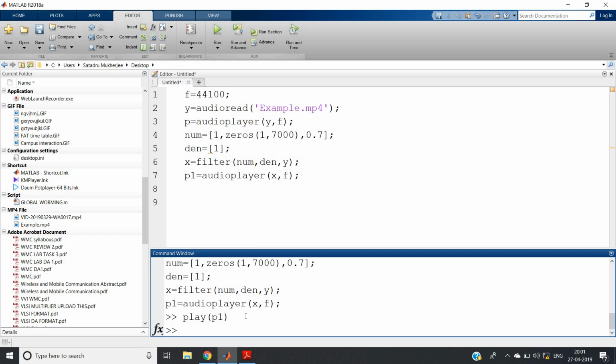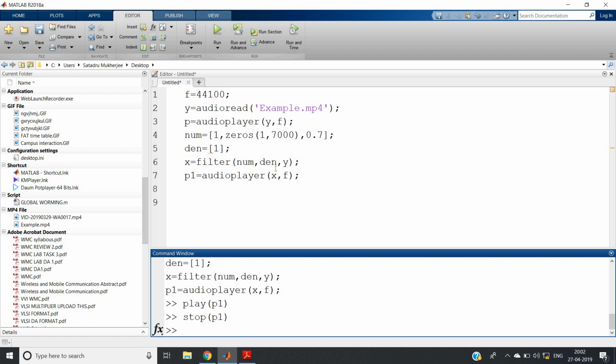See, now the echo signal is different from the previous case. So this is how you can generate echo in Matlab.